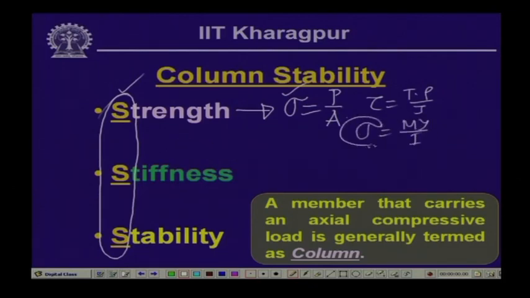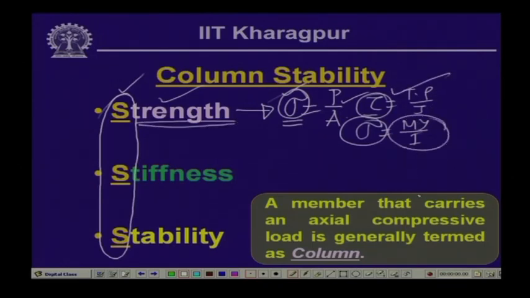These stresses must be withstood by any of the material that we are providing for constructing these elements. Naturally, that says the strength of that particular material is such that it can withstand these stresses, and that is what we have designated as the strength criteria for a particular member.